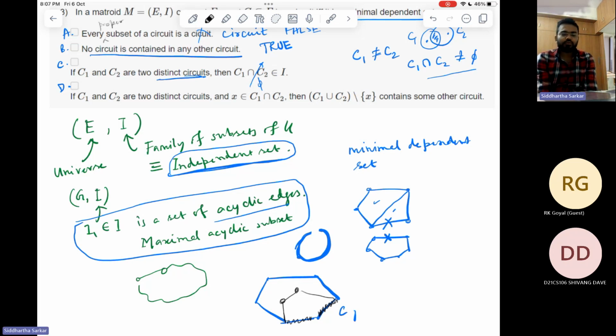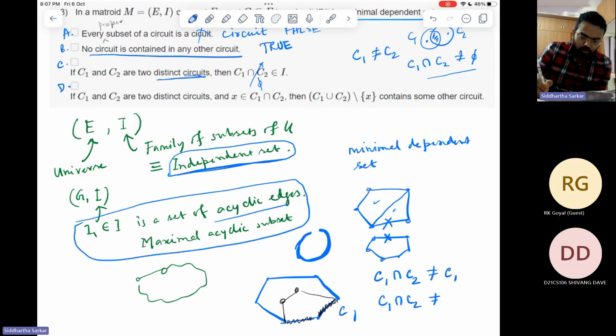So the intersection of C1 and C2 is going to be part of I. Why is that so? Since C1 and C2 are distinct, C1 intersection C2 is not equal to C1. At the same time, C1 intersection C2 is also not equal to C2.